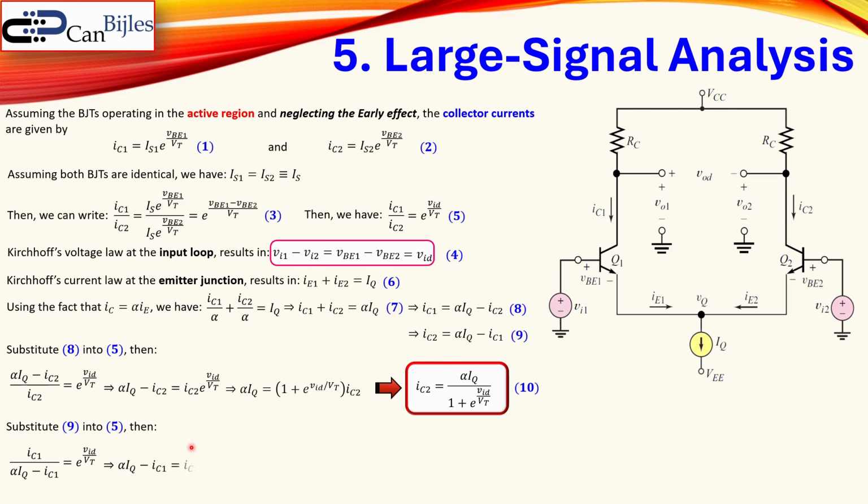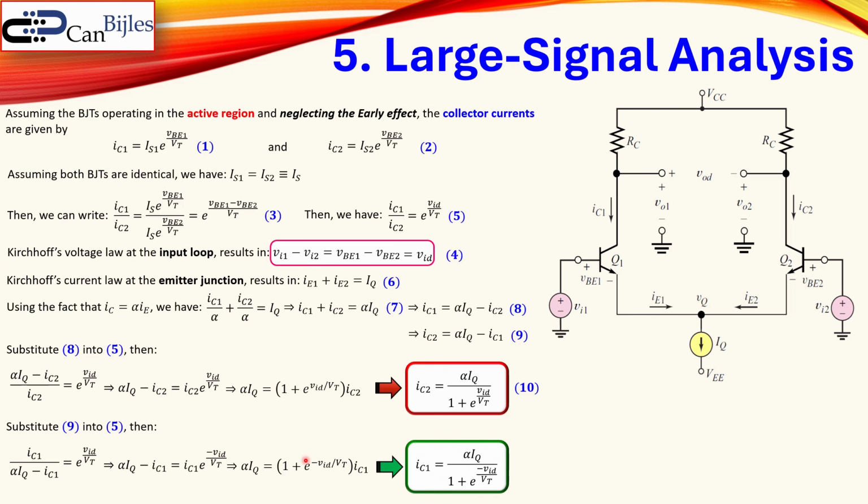So we can go again, similarly, and then do alpha times IQ minus IC1 is equal to IC1 over this e to the power VID over VT. Now if you divide that by this term, you get a minus in the exponent. That's actually shown here. Collecting again this IC1 here, so replace that to the right side and get it in the parentheses, and then express now the IC1, so isolate IC1 and express it in the other parameters as we have done it for the IC2.